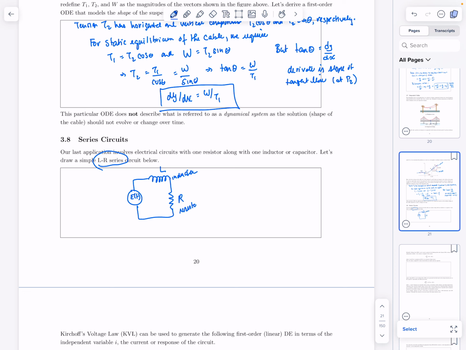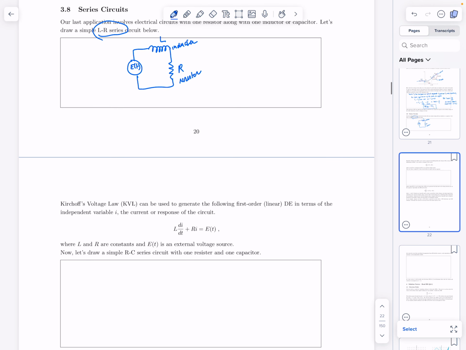It turns out, very simply, using Kirchhoff's voltage law, which I think is covered to some extent in the EF courses, we can represent the relationship of current as a differential equation in this series circuit.